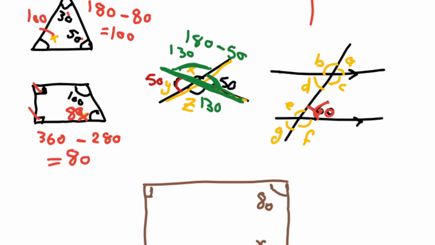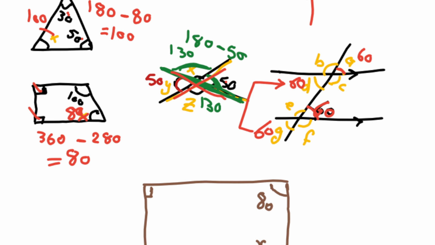Now, angle A there is called a corresponding angle to this angle, so it's similar. So A is 60. Now, if you look at this 60 here and G, they look like the previous example, so they are similar. So this is 60 also. And now G is corresponding to D, so D is 60, right? So we got 4 of them equal to 60.